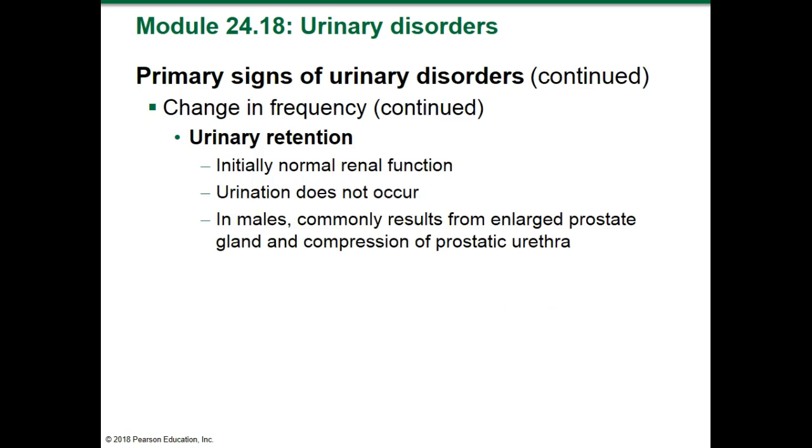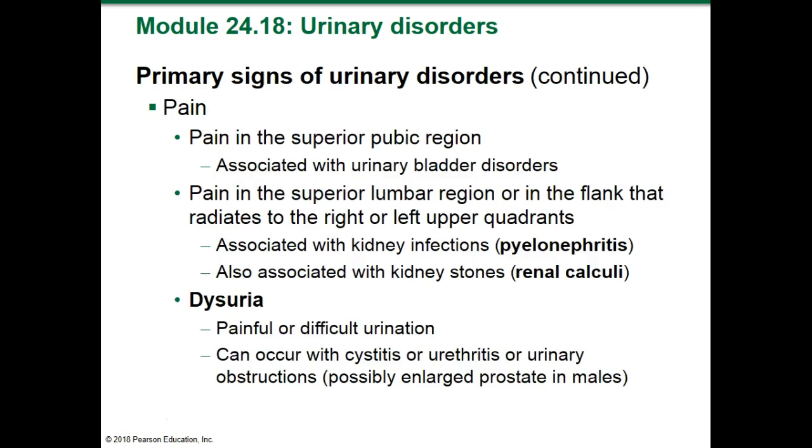Urinary retention is when there is initially normal renal function, but urination does not occur, and in males can commonly result from enlarged prostate. Okay, pain in the superior pubic region could be associated with urinary bladder disorders.